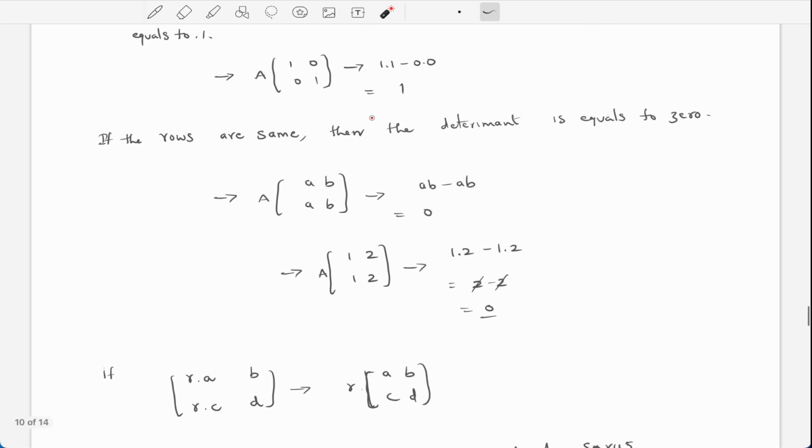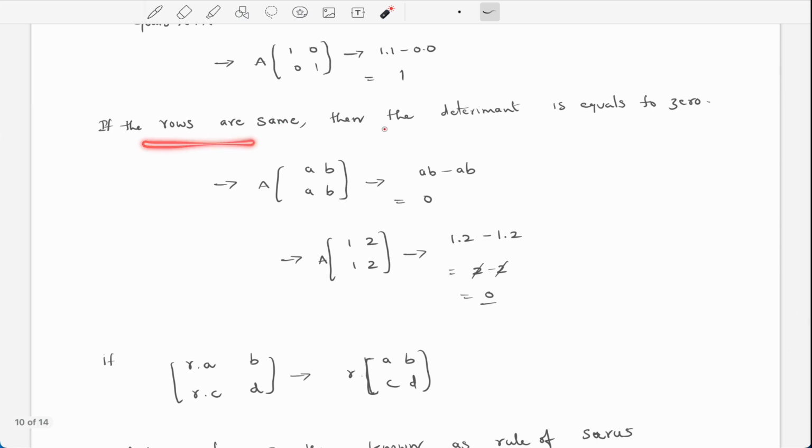After that, if two rows are the same, then the determinant is equal to 0. If the rows are the same, like AB and AB, and we calculate the cross multiplication, AB minus AB, we cancel it out and the answer is 0. I have given a practical example also: I have taken 1 2 and 1 2, and we multiply 1 into 2, 1 into 2, and the answer is 2 minus 2, which is 0.